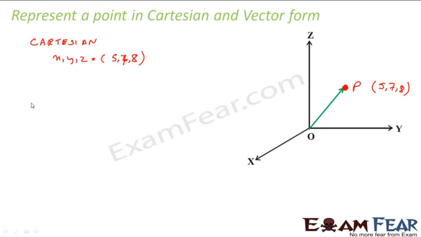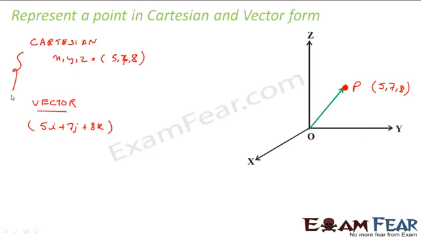How do I represent it in vector form? These things you already know. If you are not confident in this, please watch my previous chapter where I have introduced vectors and explained how to represent a point and lines in vector form. So in this case, we will represent this point as 5i plus 7j plus 8k, right? Because this has a 5 units effect on x, 7 on y and 8 on z.